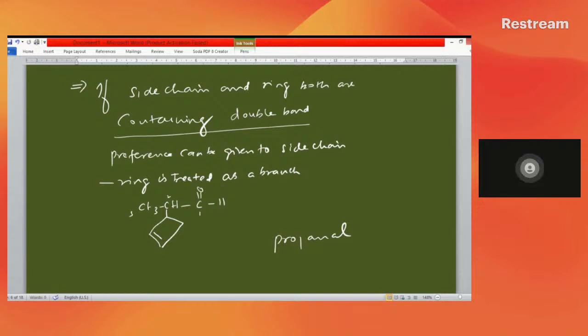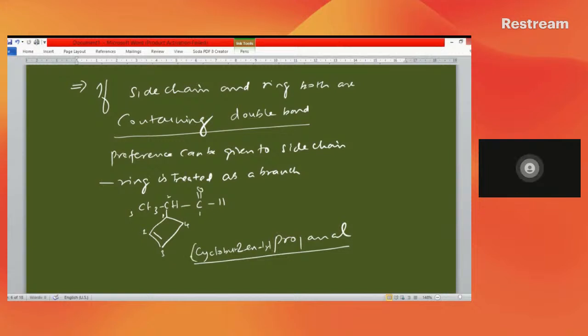And this is the first position of the ring, this is second position, third position, and then fourth position. Definitely cyclobutane, but in which the second is having the unsaturation. Cyclobut-2-en-1-yl.